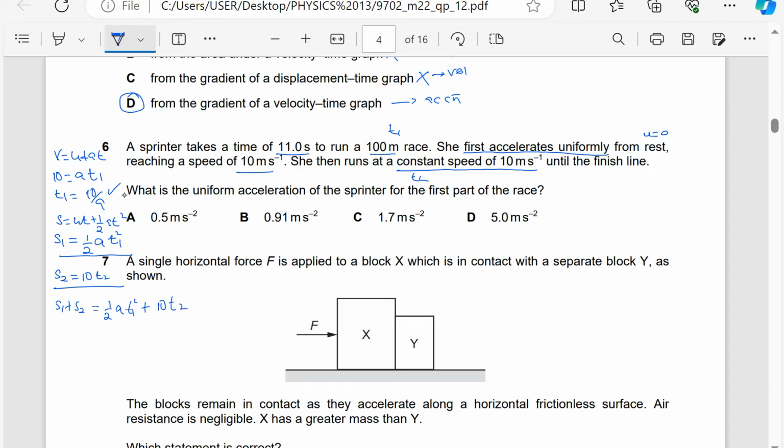I'm just adding this equation to this one here. But s1 plus s2, the total distance, was 100 meters. So 100 equals 0.5 a t1 squared plus 10 t2.